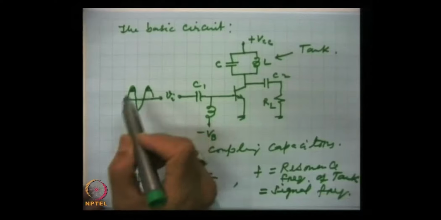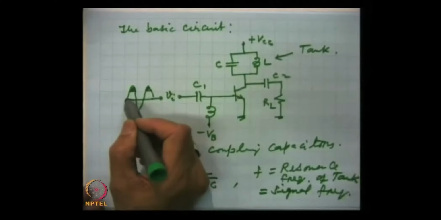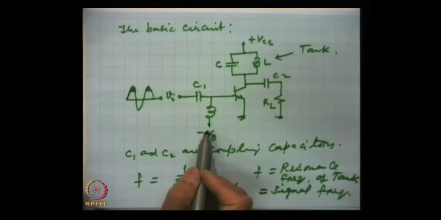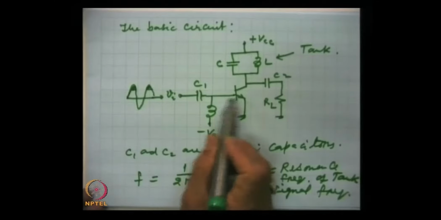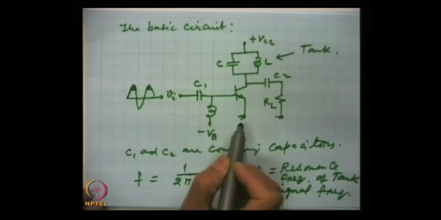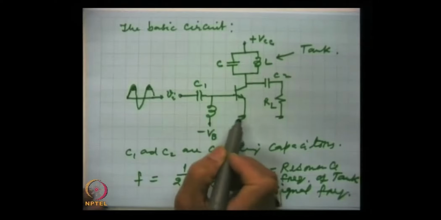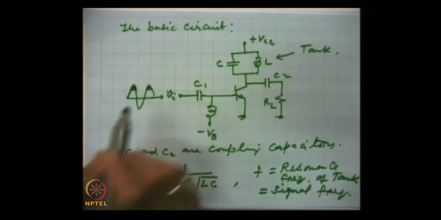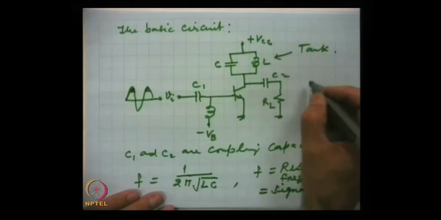I am talking just of the positive part of the input pulse, that for a major portion will be taken up to compensate for this negativity of this biasing. The emitter base junction of this transistor becomes conducting only for this part, and the output.